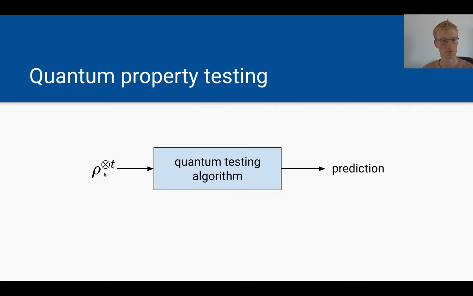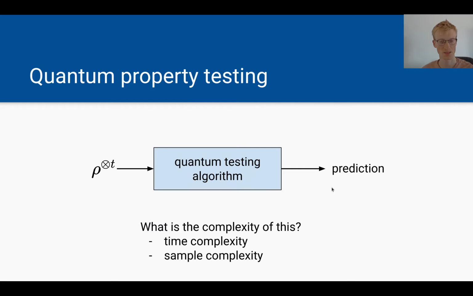Here I've put the number of copies to be t for concreteness. And then after running the testing algorithm, it should come up with a prediction for whether the state ρ has the property that we're interested in or doesn't.